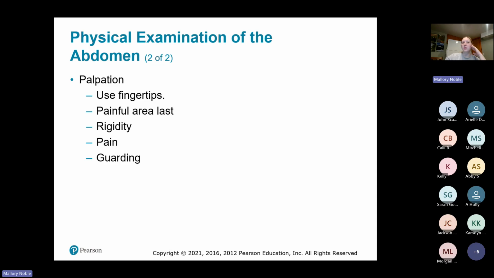Pads are going to tell you a little bit more, and you can push a little bit harder without it being a jabbing sensation. We're looking for painful areas, any rigidity that's happening, any guarding. So if the patient is kind of bent over or guarding their abdomen, that would be a sign. And then if we already know they told us that their right lower quadrant hurts, we're going to assess that last.